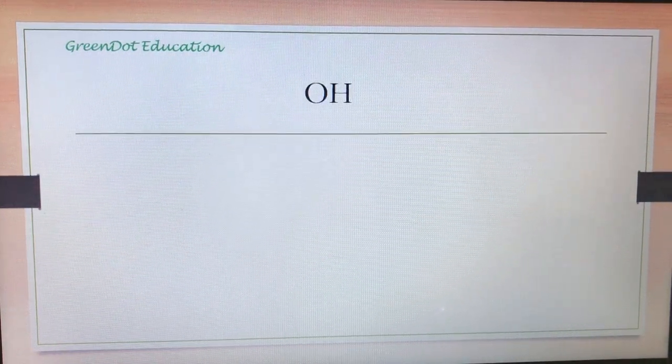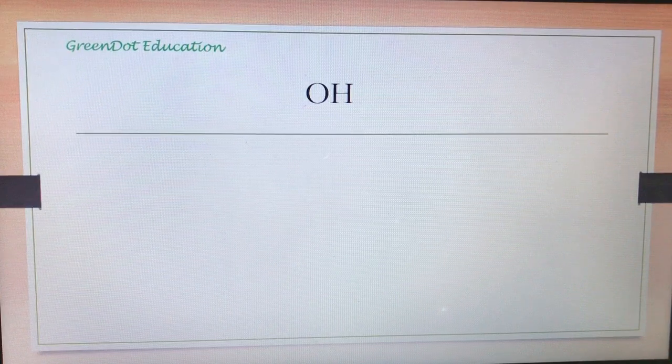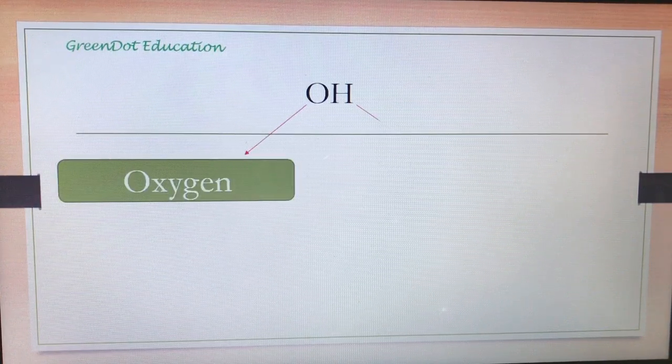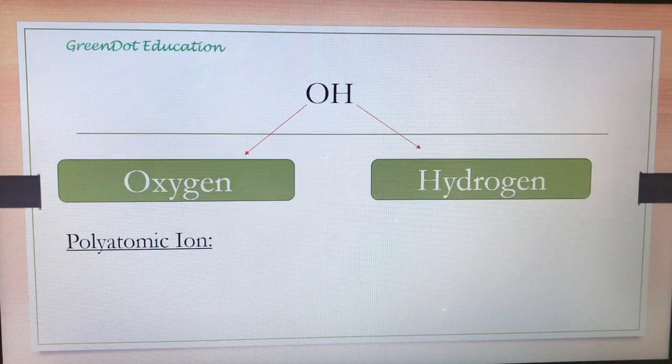Now looking at the hydroxide ion, we can see that it is a combination of two different elements: O represents oxygen and H represents hydrogen. So it is an ion made up of more than one element's ion, and we define it as a polyatomic ion.